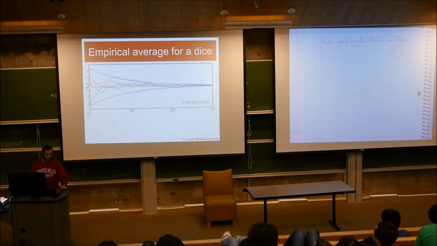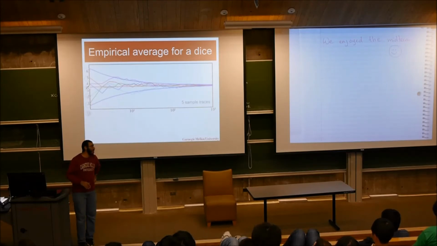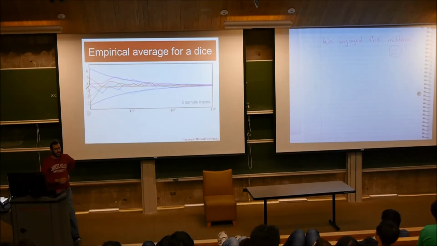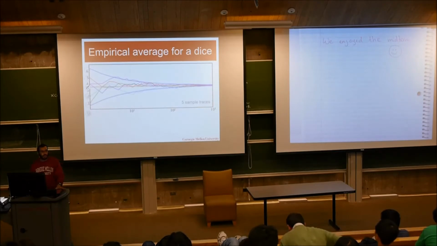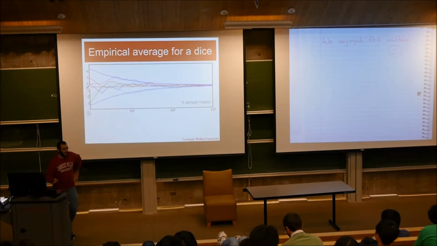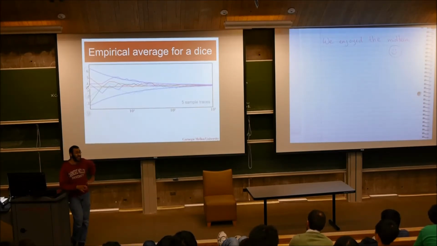So, if we run our experiment multiple times, here we have 5 runs, and in each run, the empirical average finally converges to the true average. Okay? Is this clear? So now we know that the empirical average converges to the true average if it exists.